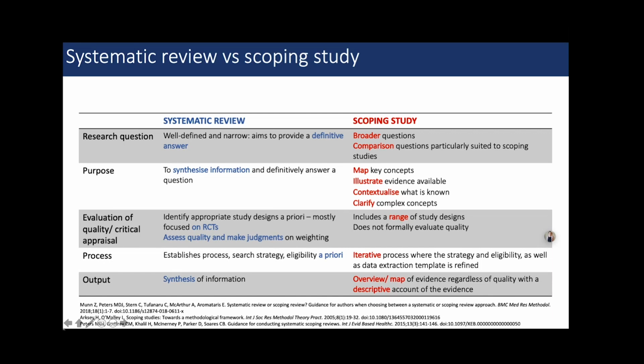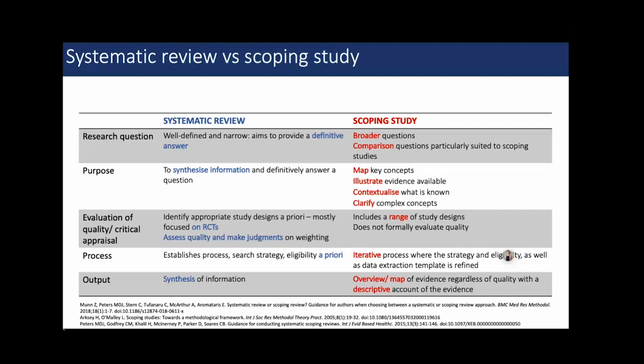Systematic reviews focus on very high quality papers and often tend to focus on randomized controlled trials, not always, but there's a very explicit assessment of the quality and judgments made on weighting the different studies that are included.